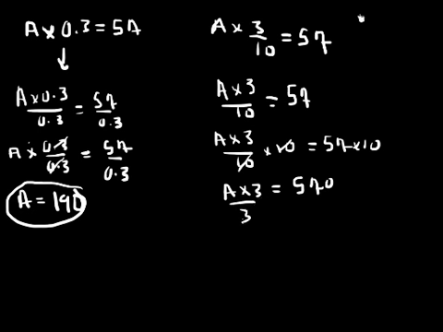Now we'll divide by 3. So that'll cancel these, and you'll give me 570 over 3. Same thing, 190.